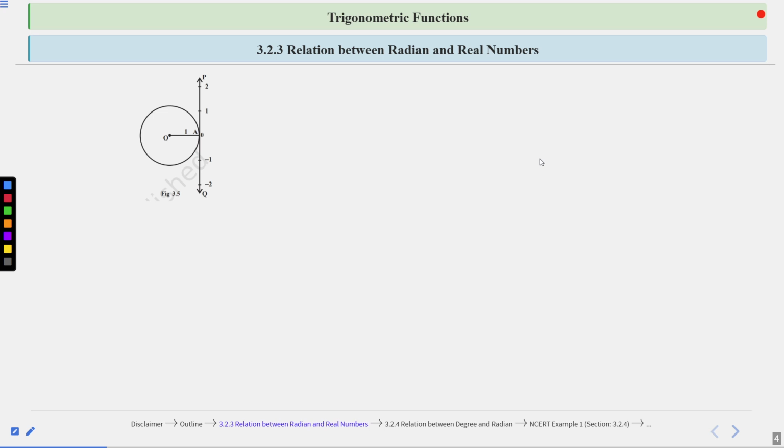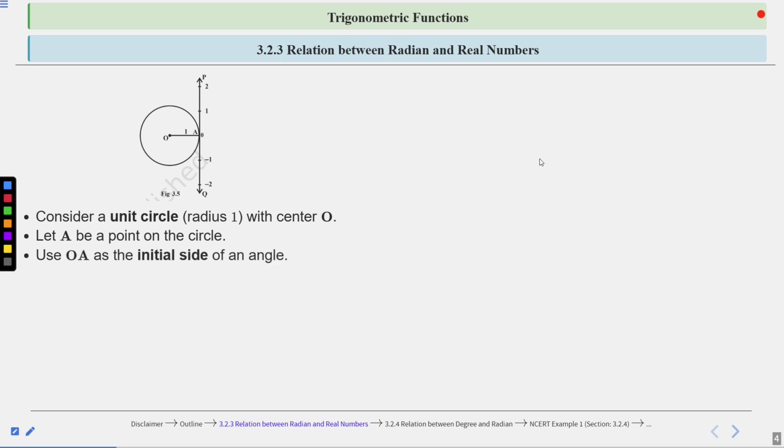So just look at this diagram. In here we are having a unit circle, meaning a circle with radius 1, and we are having center at O, and this point, capital A, is present on the circle, as you can see.